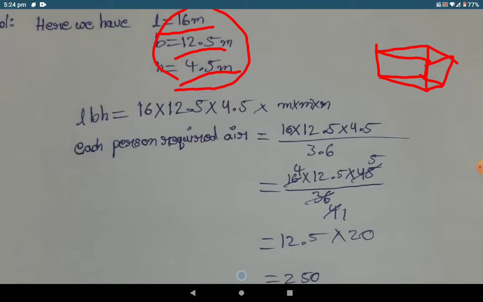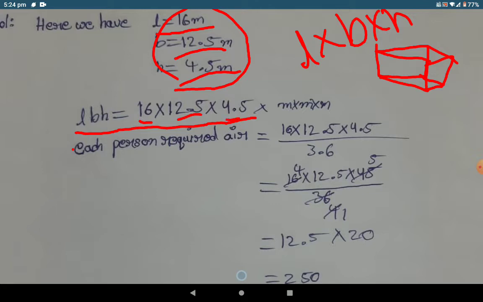A cuboid looks something like this. And what is the volume of a cuboid? It is L into B into H. That's what we did here: LBH equals 16 into 12.5 into 4.5 meter cube.